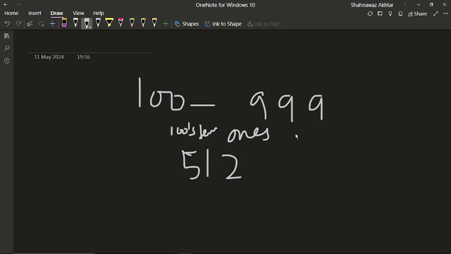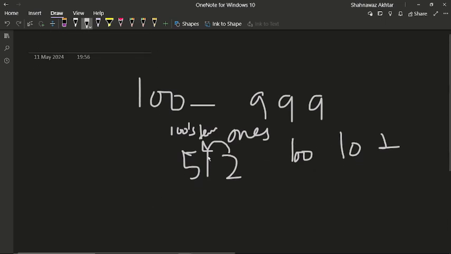Can you tell me, on moving from ones to tens, how much are you increasing? You are going 10 times, correct? This is ones, this is tens, this is hundreds, so you are increasing 10 times.